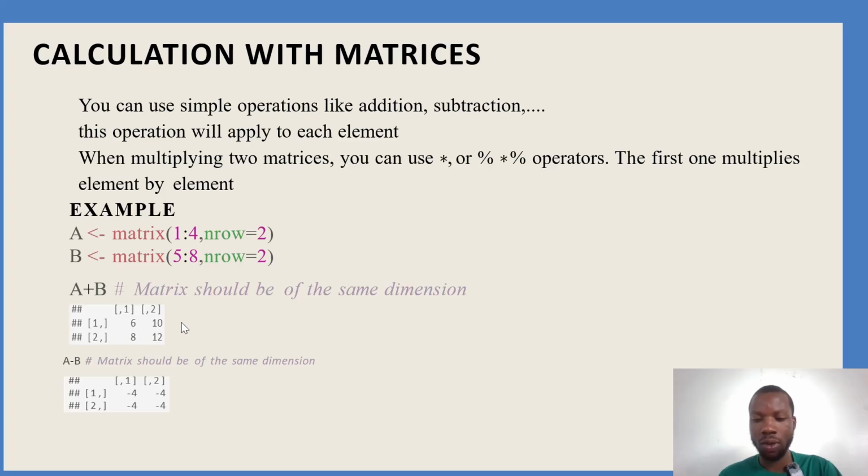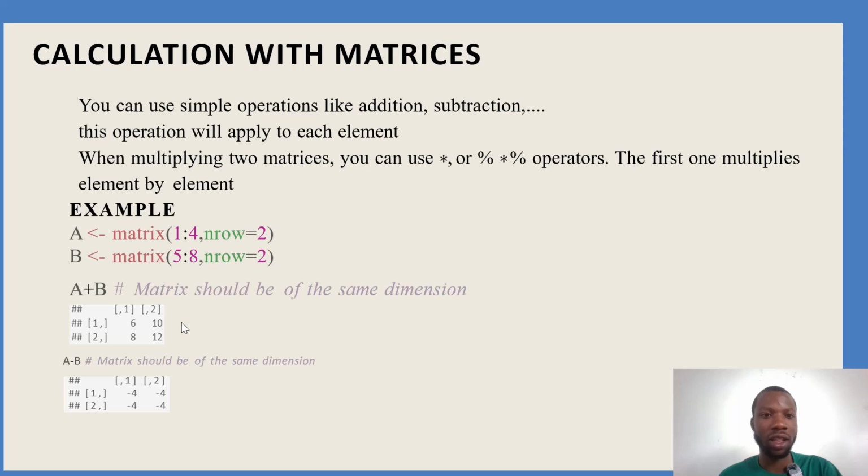And then we are using calculations with matrices. What I have told you is to make sure that if we are going to make the summations of the matrices, make sure that the matrices have the same dimension, same rows and same columns. So make sure that it has the same rows, same columns, and then do it that way.